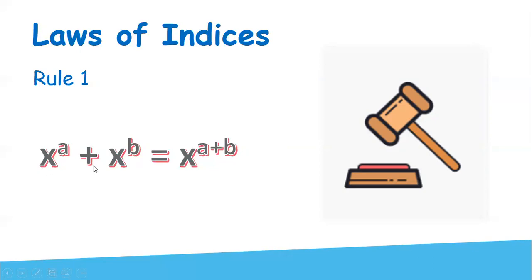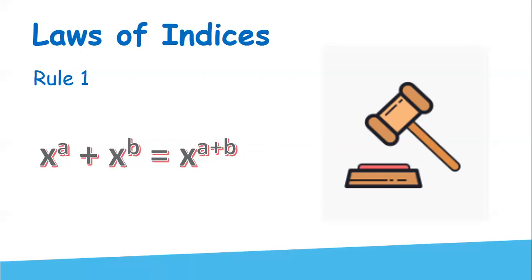So when you are given an expression like this, for you to simplify it, you would write x raised to power a plus b. x is the base of each term, so x raised to power a plus b. That is the multiplication rule, or the first rule in laws of indices.